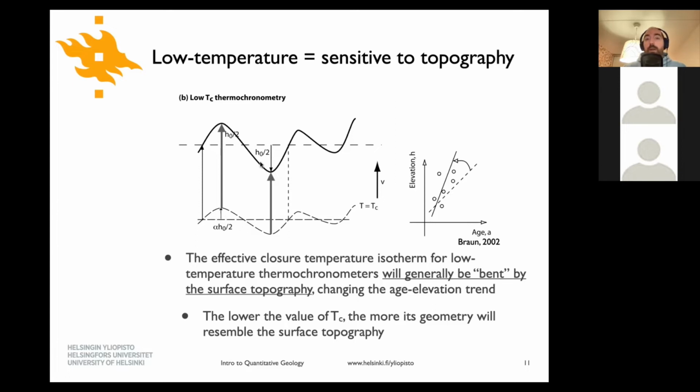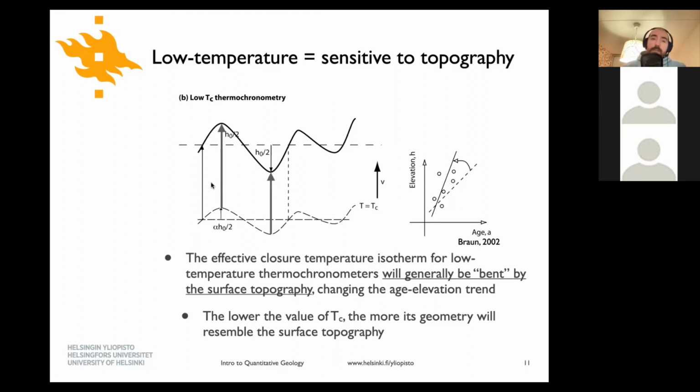So you can see we have the same topography we had before, but now we're at a shallower depth, and this line of constant temperature for the closure temperature here is now bent following a damped version of that surface topography.